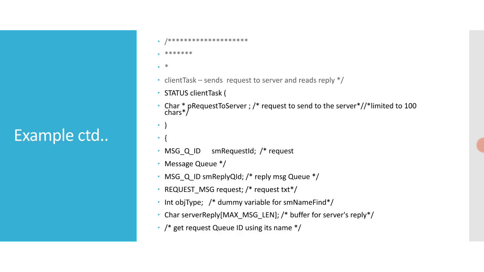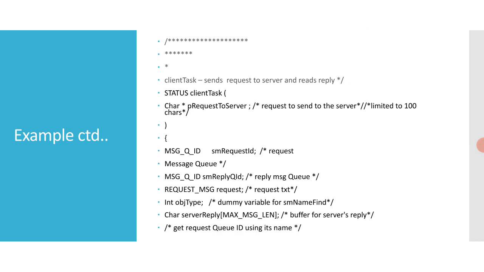So request to send to the server, that is p_request_to_server, and this is of a maximum of 100 characters in limit, and request message queue, that is msg_queue_id with some name, here in this case sm_request_queue_id, and reply message queue, and request text, and use a dummy variable called obj_type for sm_name_find, to get the request ID using its name.